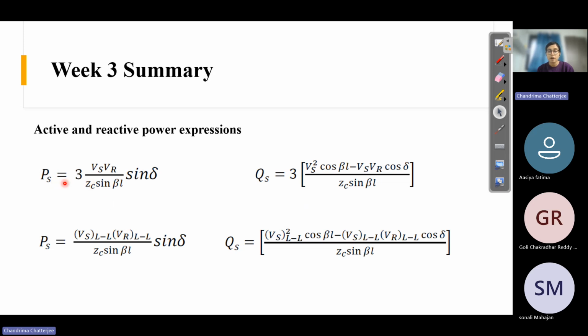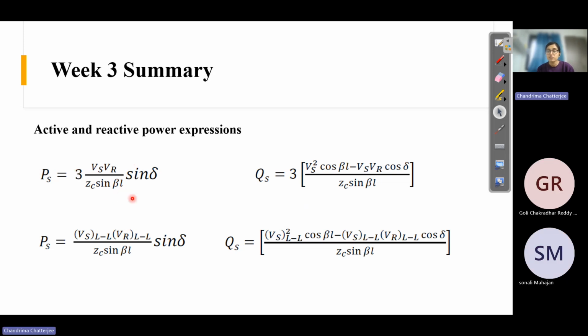The sending end power will be something like this: 3 VS VR in the numerator, and in the denominator ZC sine beta L. This ZC we already know, this is called the characteristic impedance, and this beta is called the phase constant. All of these derivations were done assuming the line is lossless.